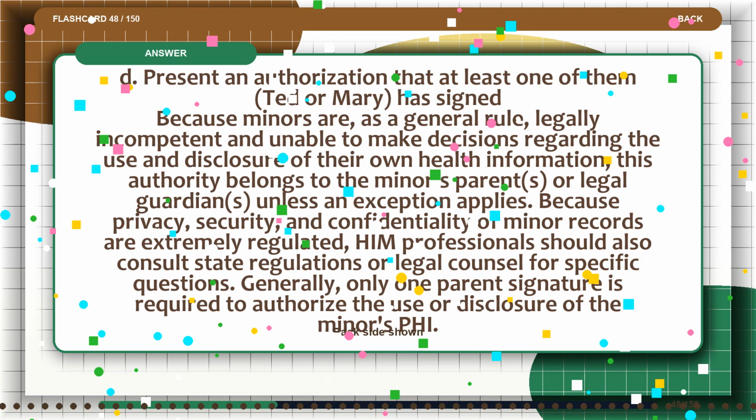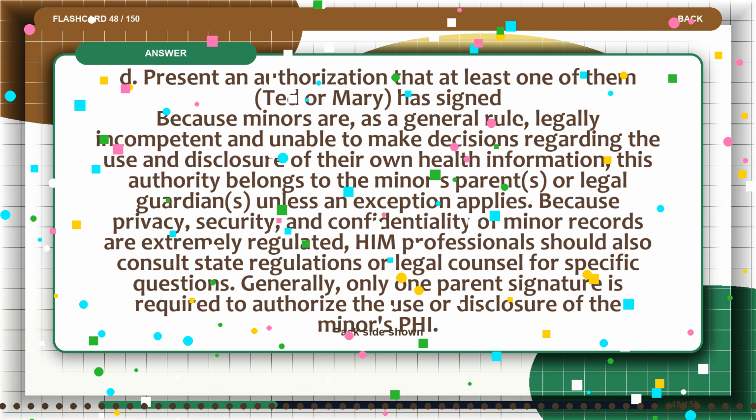The answer is D. Present an authorization that at least one of them, Ted or Mary, has signed, because minors are, as a general rule, legally incompetent and unable to make decisions regarding the use and disclosure of their own health information. This authority belongs to the minor's parents or legal guardians unless an exception applies.